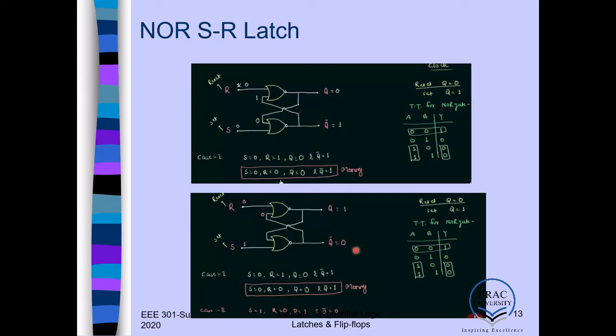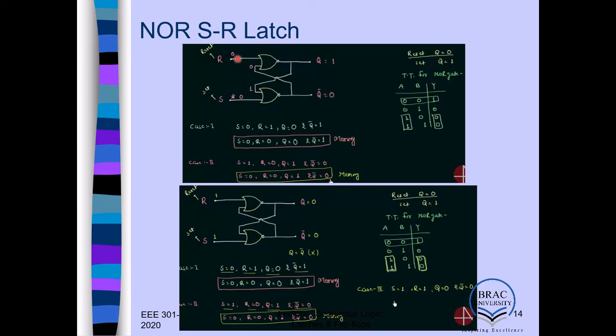So this Q prime will be 0. If this Q prime is 0, it goes here. So 0, 0 output becomes 1. Then Q becomes 1. So now your Q becomes 1 and Q prime 0. Previously your Q was 0, Q prime 1. So it changes, it does not remain the same.